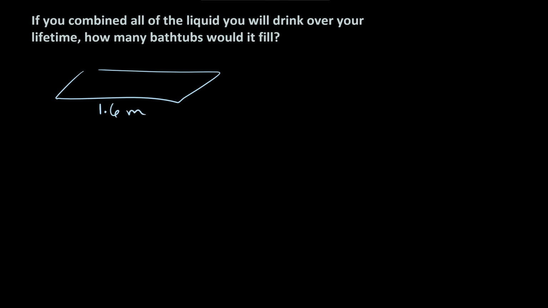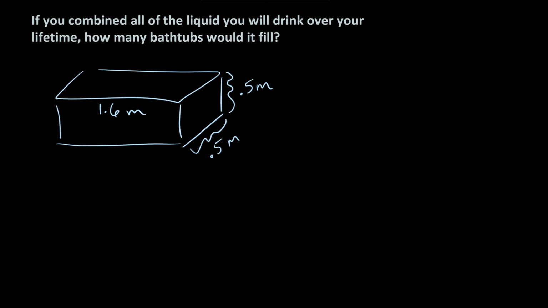That seems like a reasonable guesstimate, maybe a little long, but we just need a ballpark number. Then I would say the width is about 0.5 meters, and the depth is also about 0.5 meters. So there's my guesstimate for the dimensions of a tub.